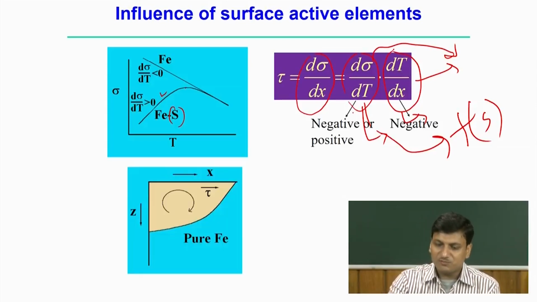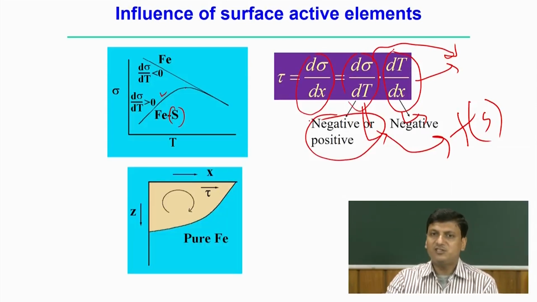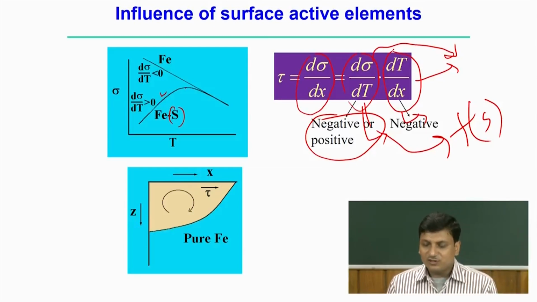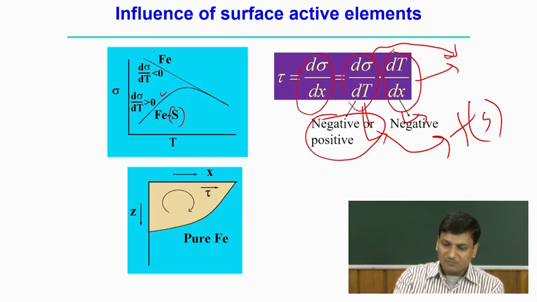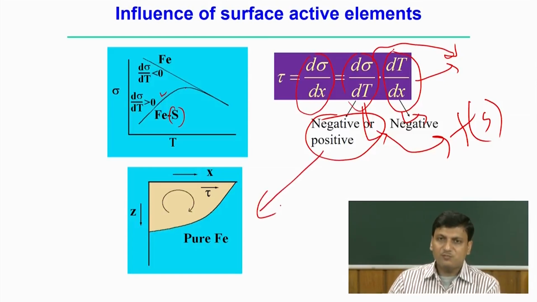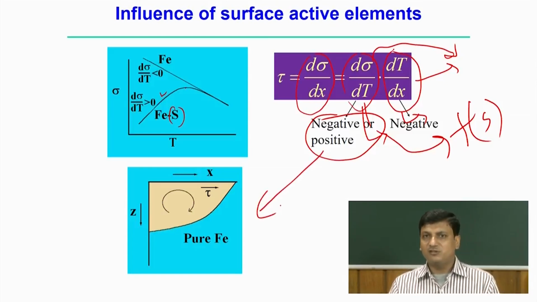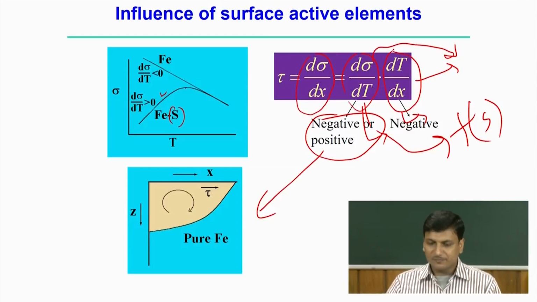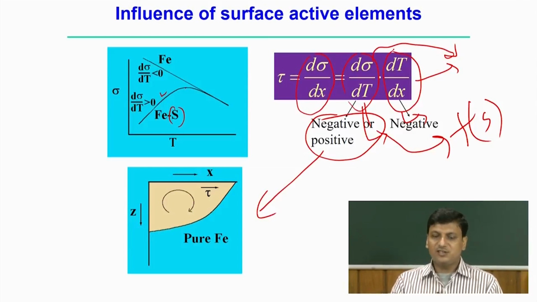So, depending on the change of sign, the Marangoni shear stress acts in a different direction, depending on what sign convention we use for the coefficient. For example, if you look into this, it is pure iron, that means without any surface active elements, and the shear stress is basically acting from the center to the outward periphery.